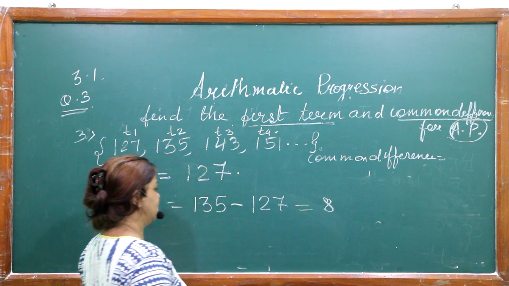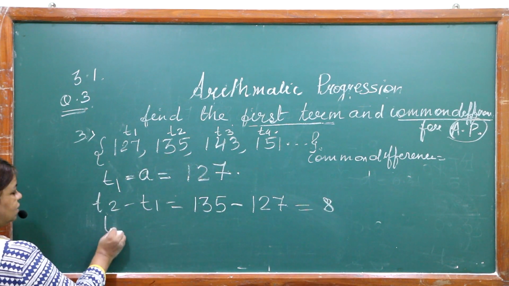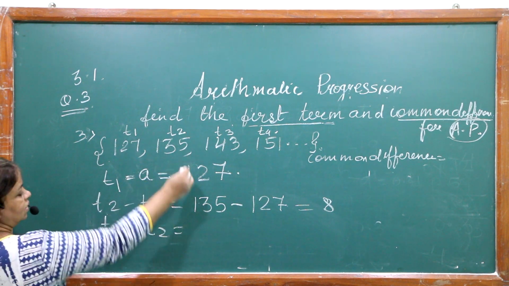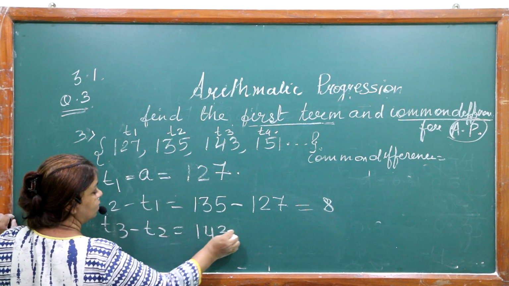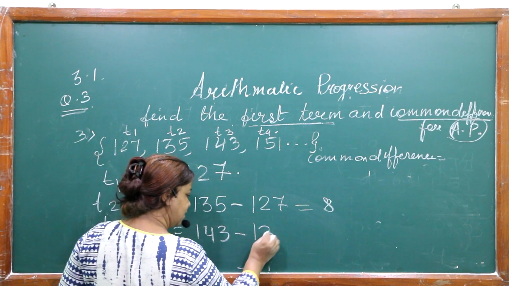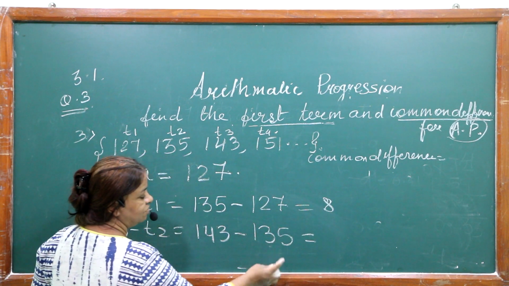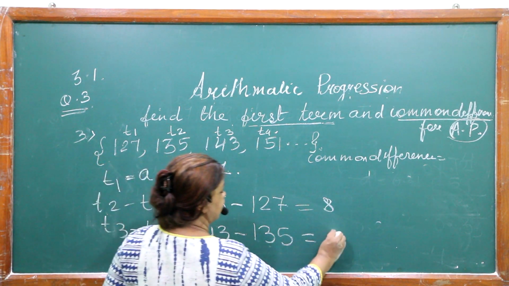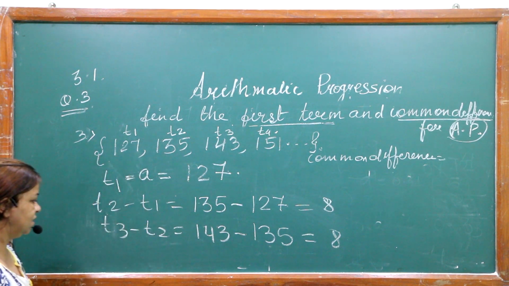Easy, 8. Then T3 minus T2. T3 is 143 minus T2 135. Again 5 plus 3, 8.